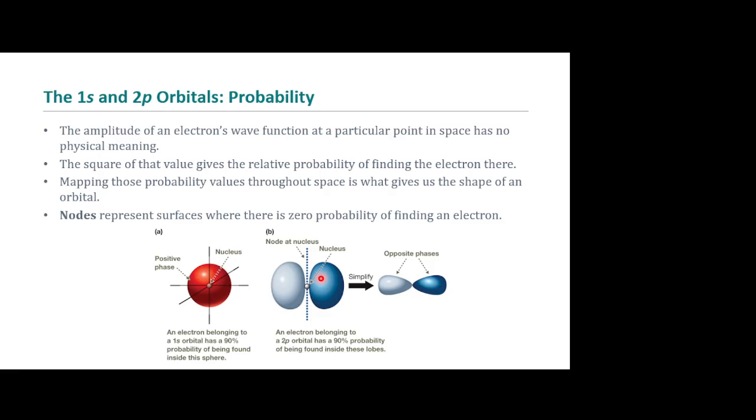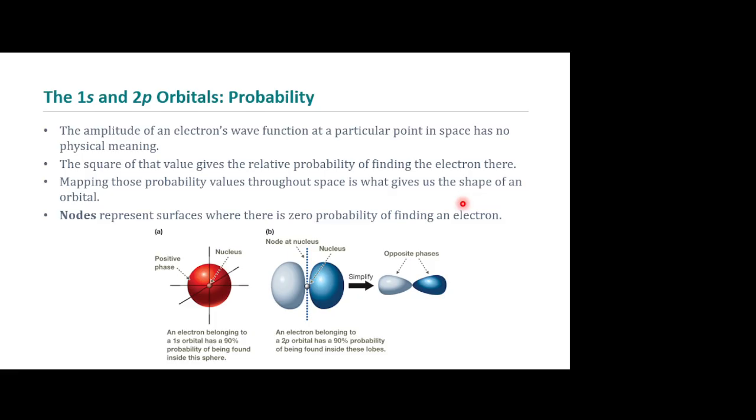Okay, so the amplitude of an electron's wave function at a particular point in space has no real physical meaning that we would actually understand having lived in this universe. The square of that value gives the relative probability of finding the electron there, because it's hard for you to understand, but the amplitude would give you the sign, essentially, kind of like spin does, where you have a positive and negative.